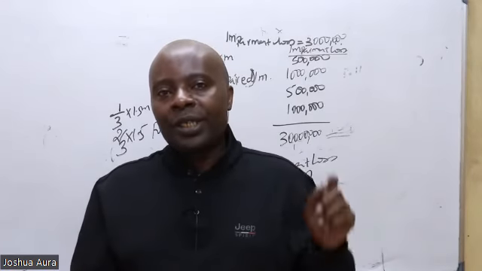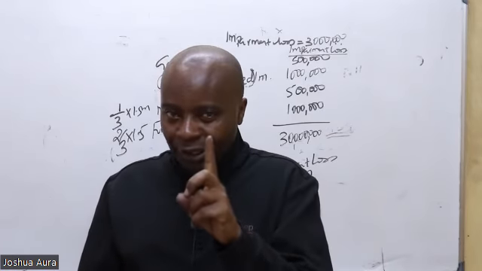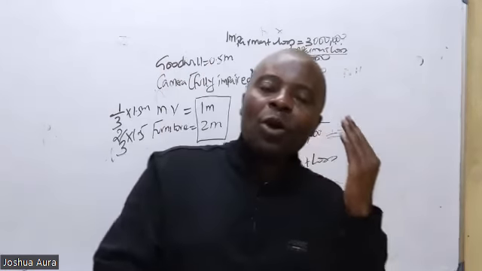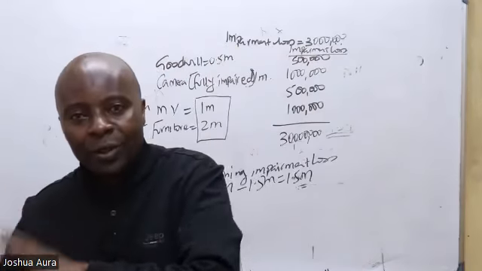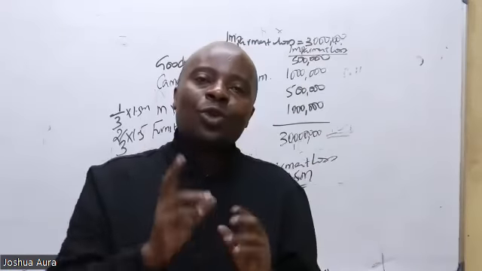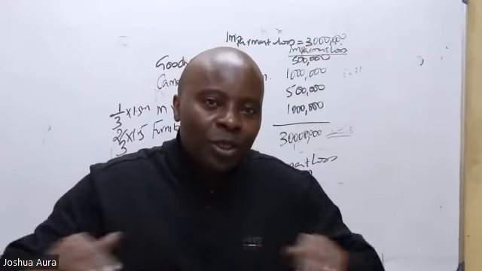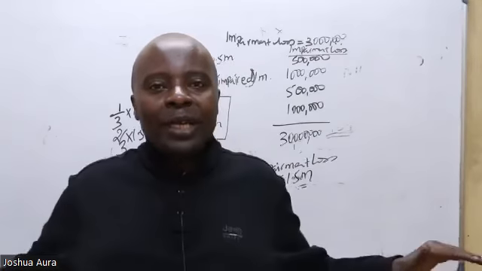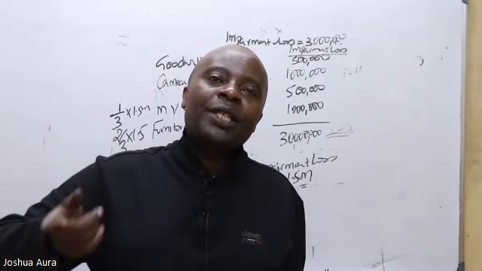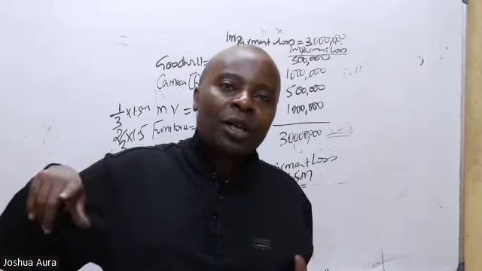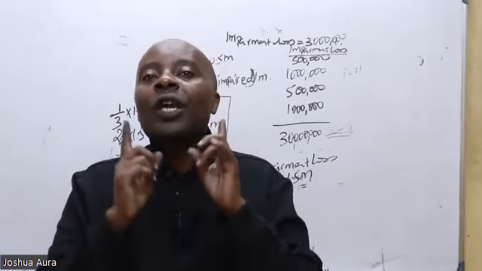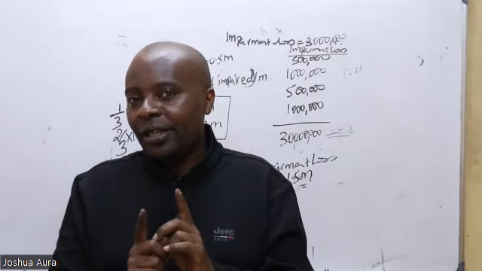But impairment loss for assets that have been revalued: remember, when you revalued an asset, you took that revaluation gain to the OCI, other comprehensive income. So should you realize there is an impairment loss of this asset that you revalued, that impairment loss will be taken to the OCI.